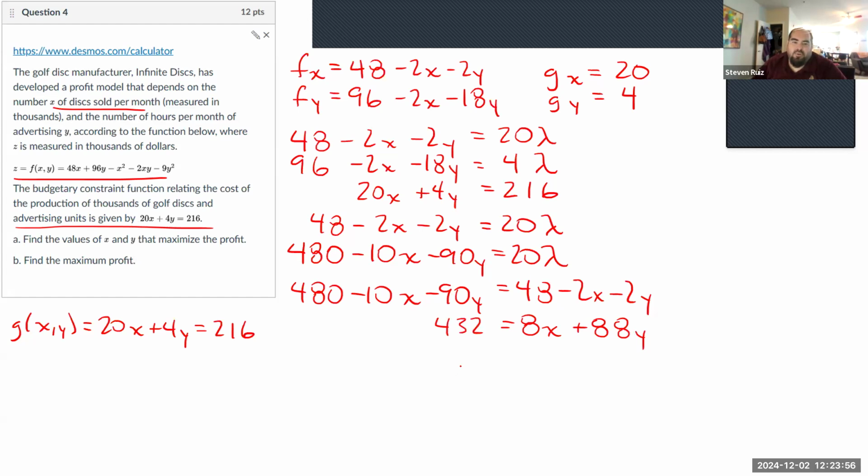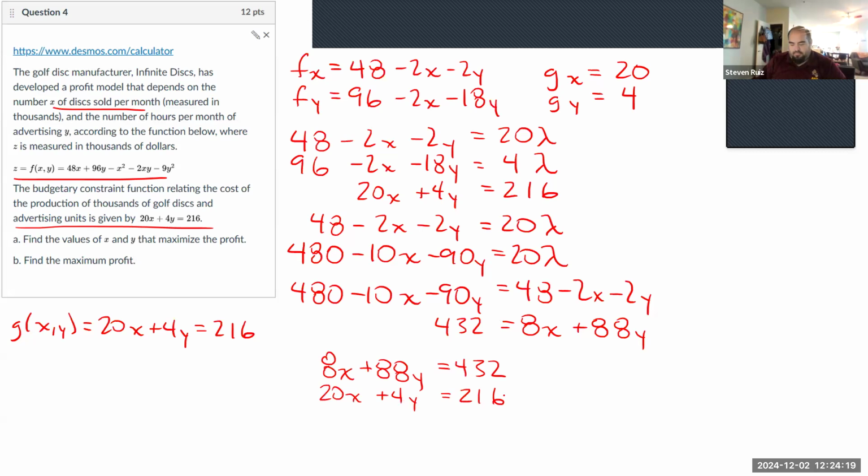So my system of three equations is now a system of two equations and two unknowns. 8x plus 88y equals 432. 20x plus 4y equals 216.